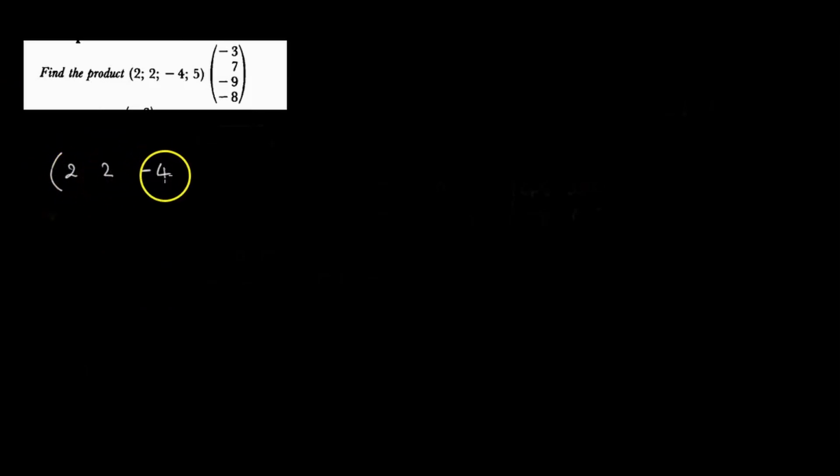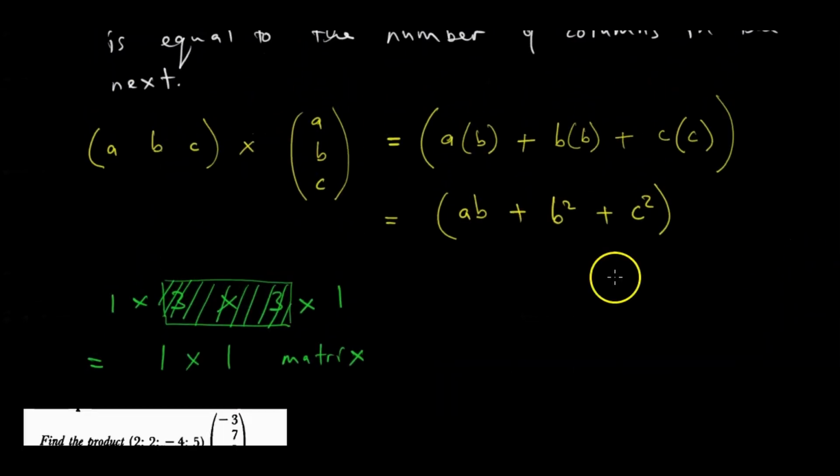2 minus 4 5. But as you should have noticed, kana tichinyora a row matrix tinoisa makoma. You should have noticed this. Kureva kuti patanyora this row matrix tangachifanirwa kuisa makoma like this.